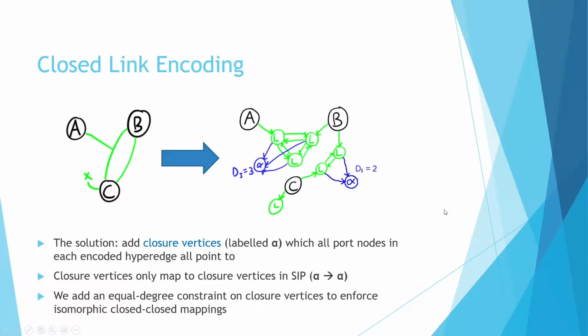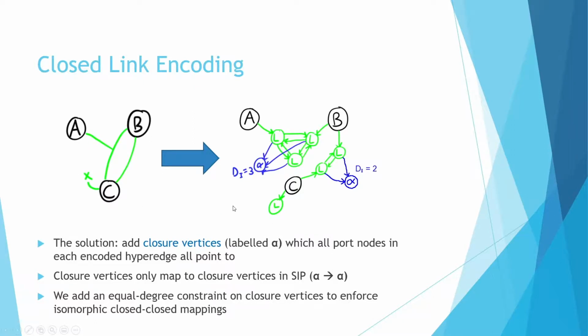So how do we do this? We expand on our representation of the k-cliques. We add closure vertices, which we label with alpha here, which all port nodes in each included hyperedge point to. So if a hyperedge is closed, we add this to each clique where we have an instance of a closed hyperedge.